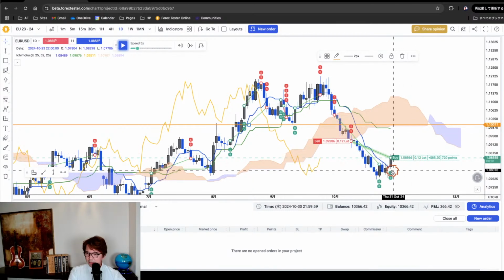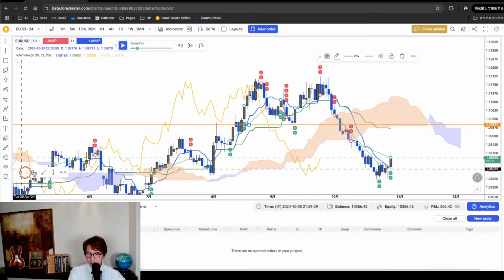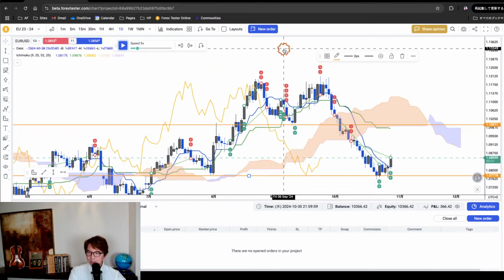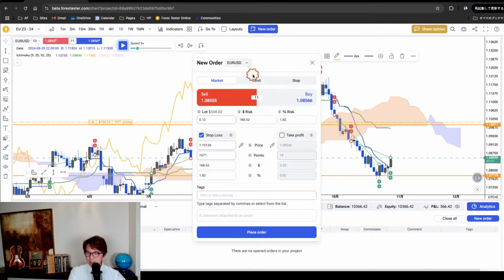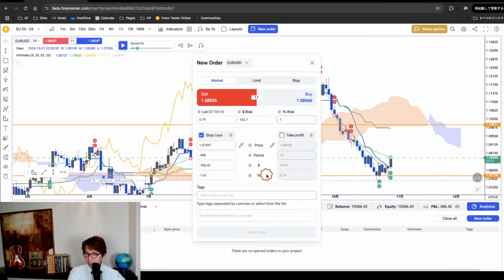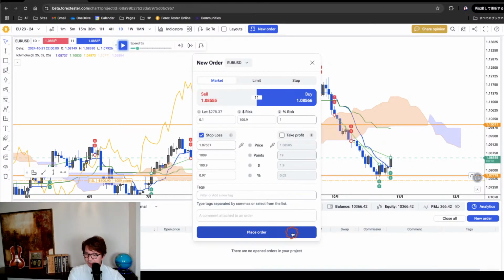Okay, since the market broke the Tenkan-sen and it's been supported by the previous low, which was down here, let me buy from here, but low risk. I risk 1% times 2 only for this trade. I press buy and put the stop loss below the swing low, and I do this twice.